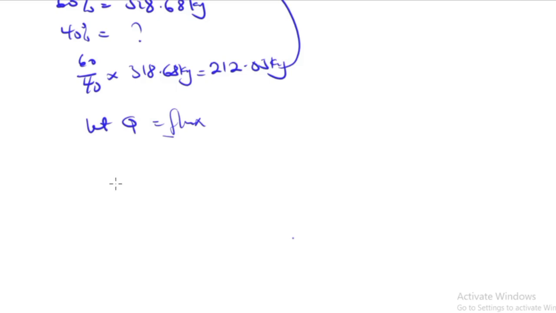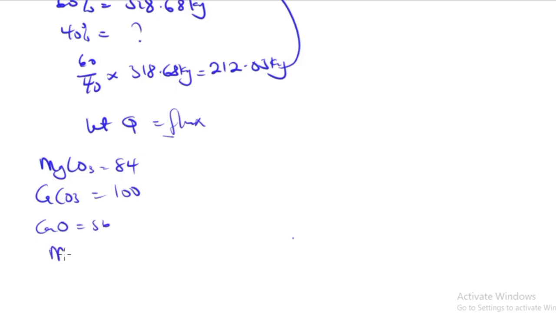We know that the molar mass of magnesium carbonate is 84. Calcium carbonate is 100. Calcium oxide is 56, and magnesium oxide is 40.